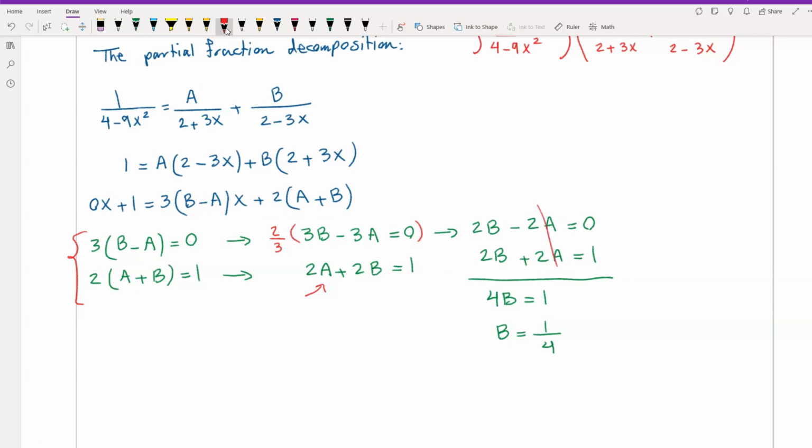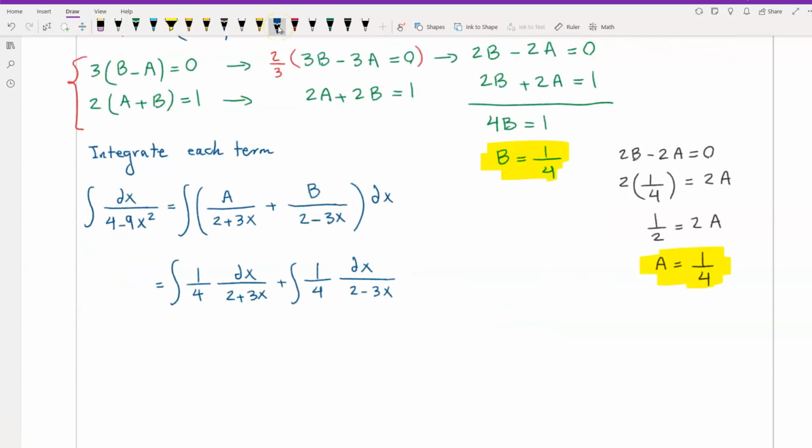So this part cancels, and what's left is 2b plus 2b, that is 4b, equal to 0 plus 1, that is 1, so b is equal to 1/4. And then use one of the equations to find a. So I use 2b minus 2a equal to 0, and b is 1/4. So solving for a, a is equal to 1/4. So we have the same answer for a and b.